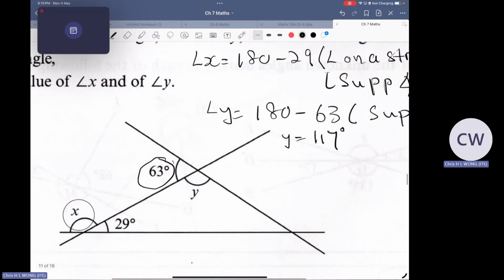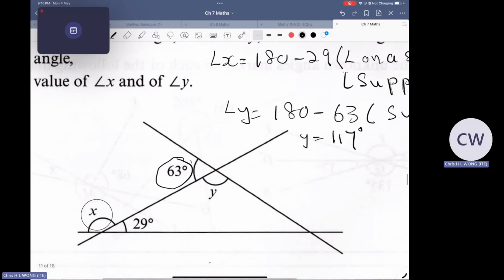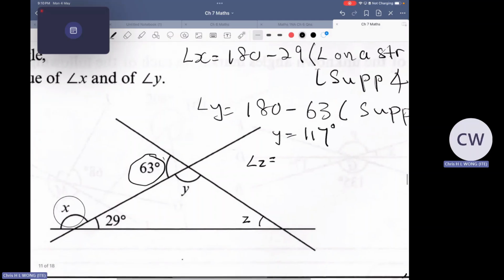Okay, y is 117. I want you to find z for me, all of you. Angle z equals to, see how you do. You know y already, right? 117, right? Find z for me. Tell me how you did it.